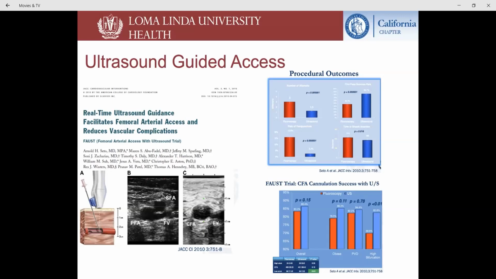This demonstrated that routine real-time ultrasound guidance for access reduced the number of attempts, time to access, risk of venipunctures, and vascular complications, especially in femoral access, which had more complications than radial, but still. Overall, it's a no-brainer to use ultrasound for your access.